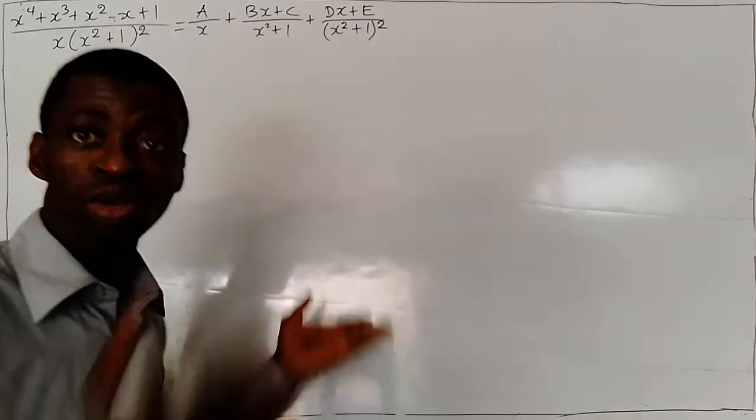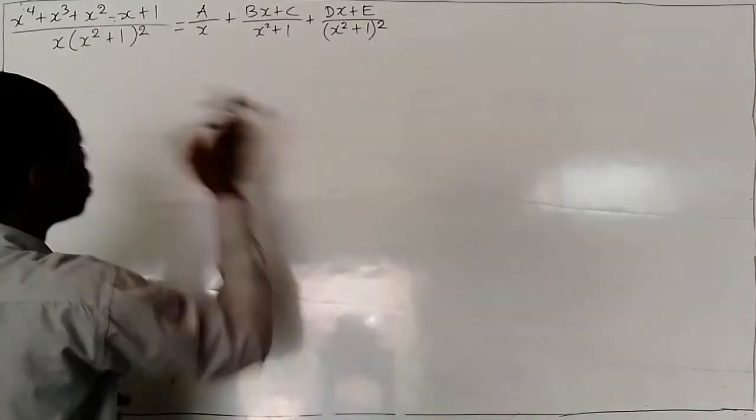Alright, what do we do? As usual, we multiply both sides by the common denominator.